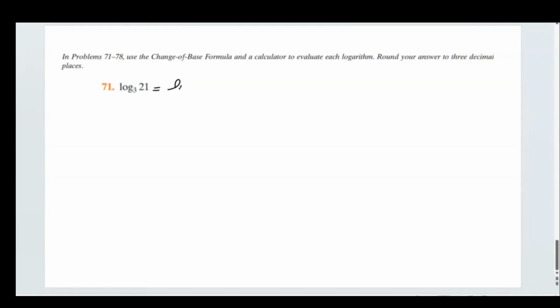So we say this is ln of 21 over ln of 3. But it's going to be the same if you say log of 21 over log of 3. It has to give you exactly the same answer. And the answer in this case, when you do it with your calculator, ln of 21 over ln of 3 is 2.771.